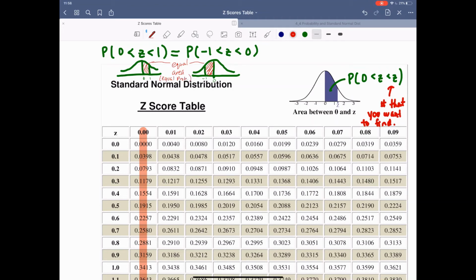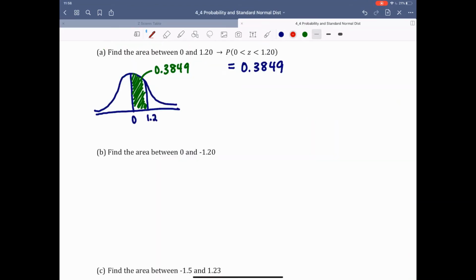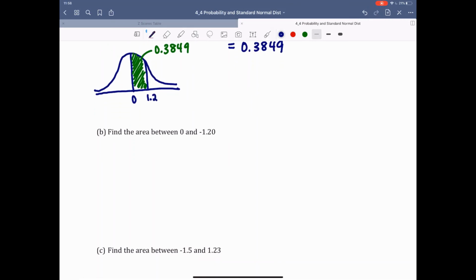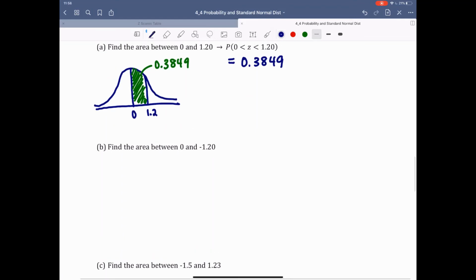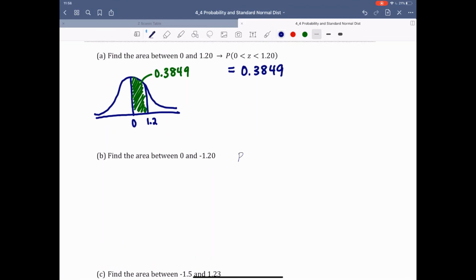Okay. So the reason I'm talking about that is for the next example, it says, what is the probability that, or find the area, which is the same as what is probability? Probability of x being between -1.20 and 0.